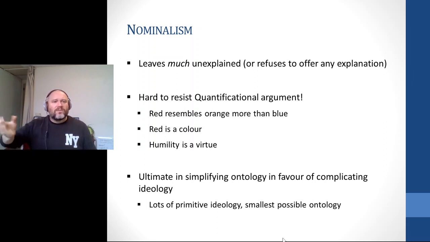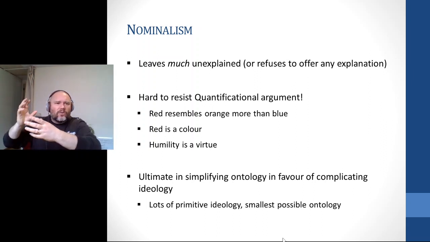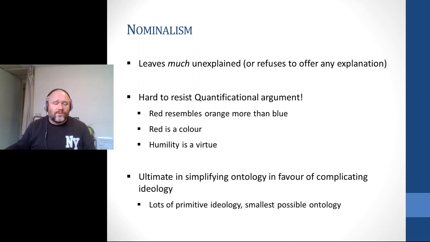Or do we want to have something like a simpler ideology? That is, lots of things, but very few unexplained or primitive predicates and concepts. The ostrich nominalist says, few things, lots and lots of primitive concepts.